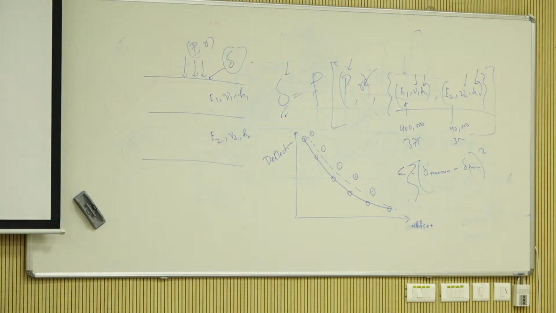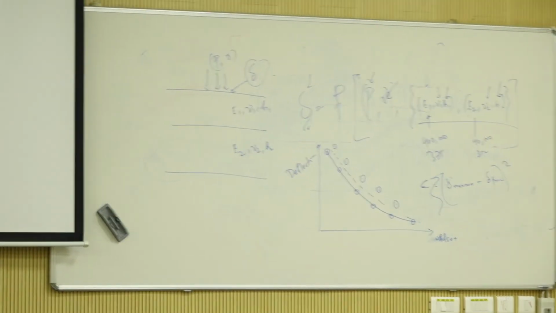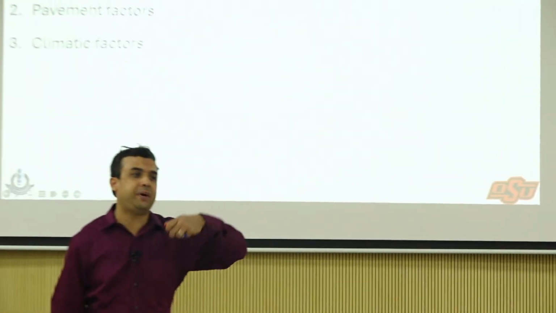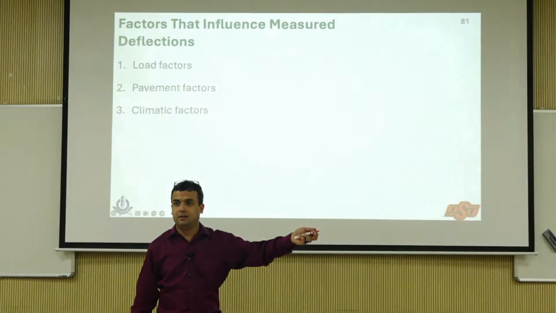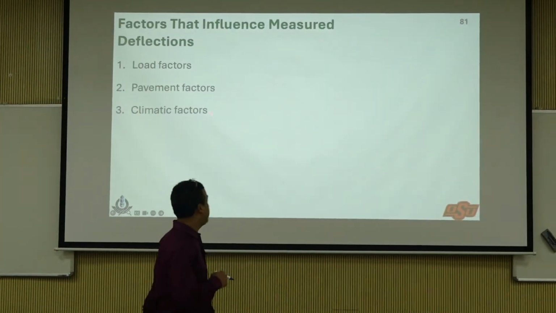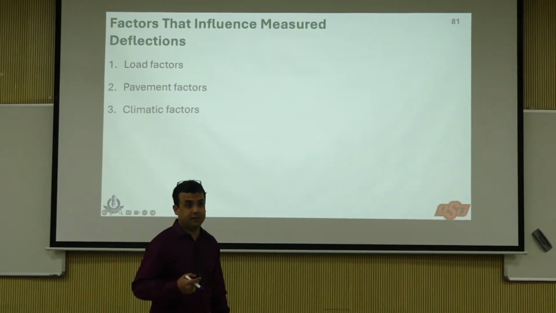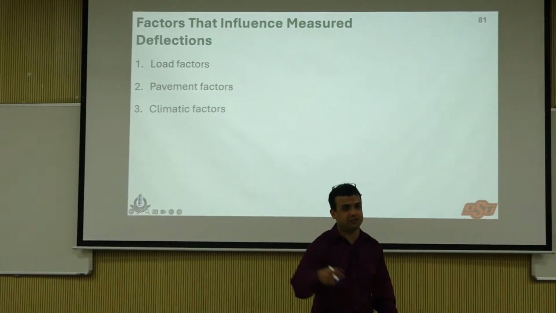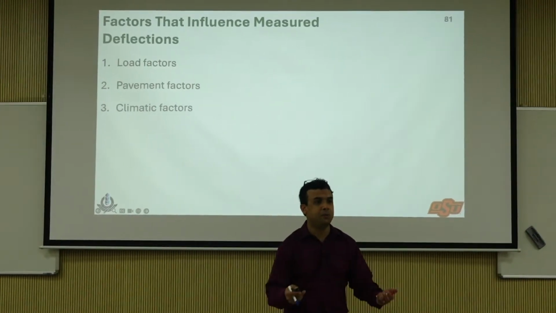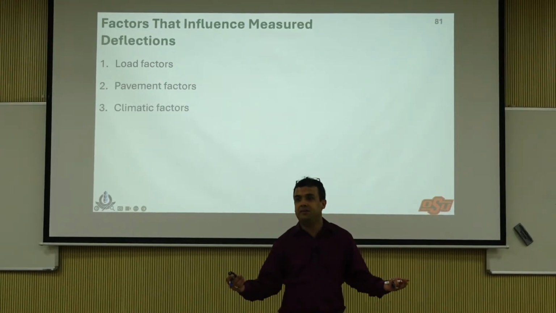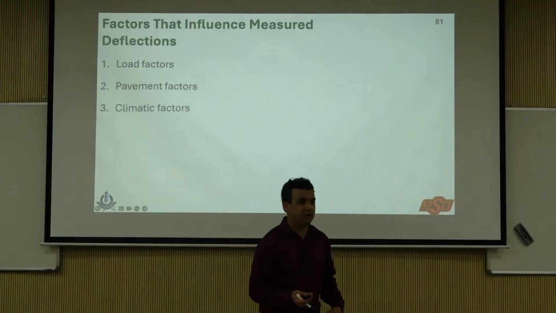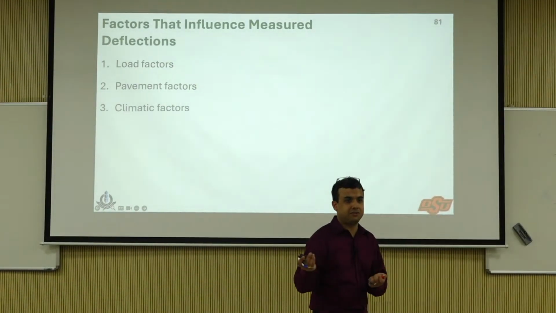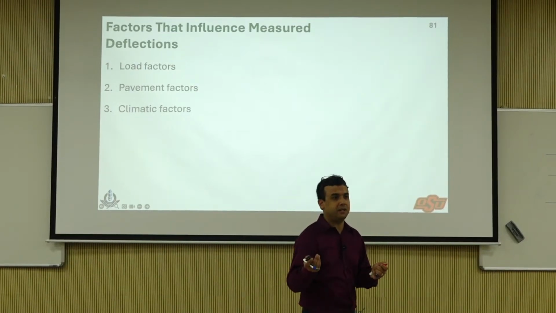What are the factors that are affecting load? Yes, pavement factors. There are layer properties, layer thicknesses and all of that. The climatic factors, right? If you go to Bhubaneswar and test in December versus June mid testing, your deflections are going to be very different, because asphalt is a stress sensitive, temperature dependent material.